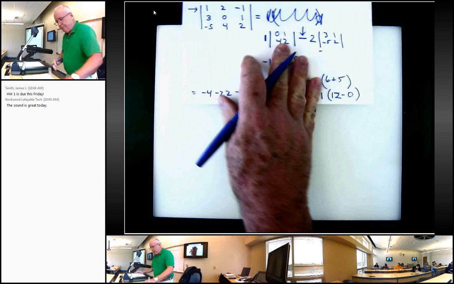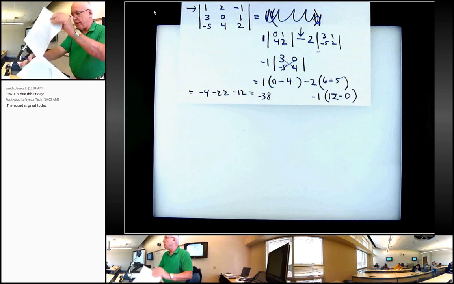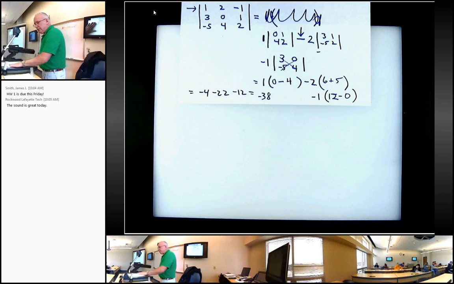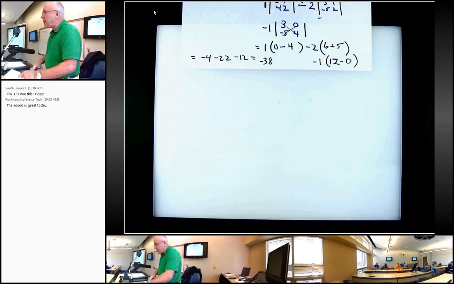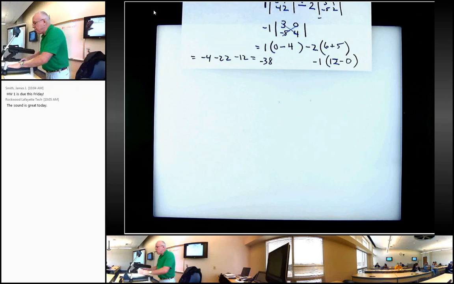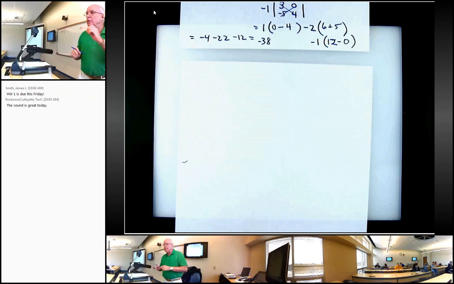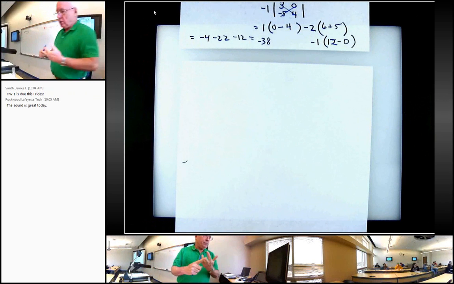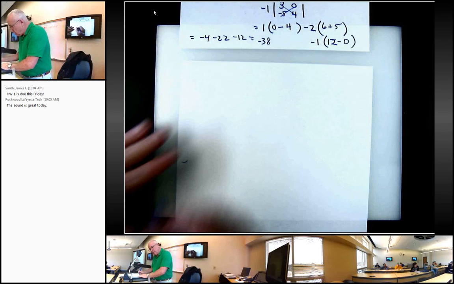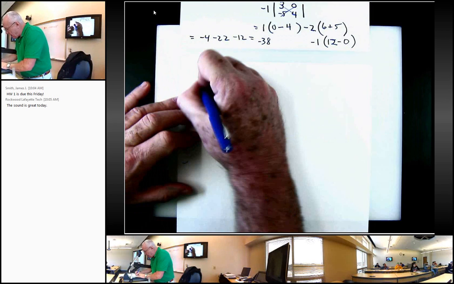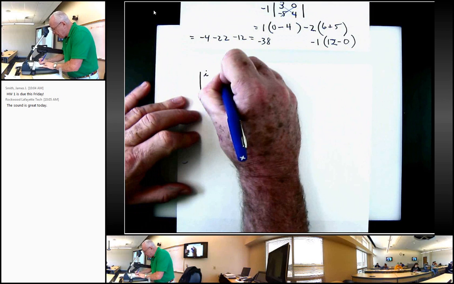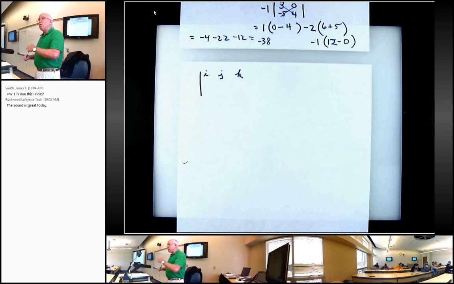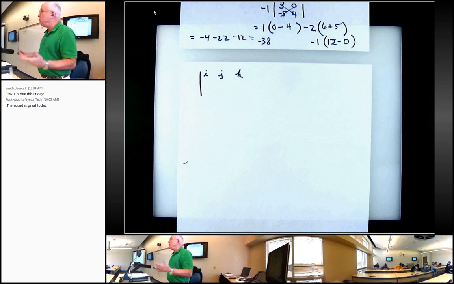Now, how does this relate to the cross product? What we do with the cross product is this. That very top row is going to be those unit vectors I, J, and K. And then the next 2 rows are going to be our 2 vectors.